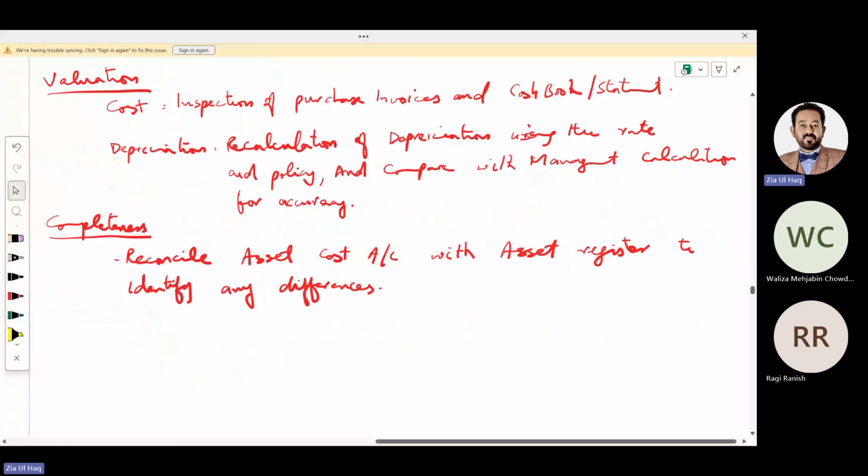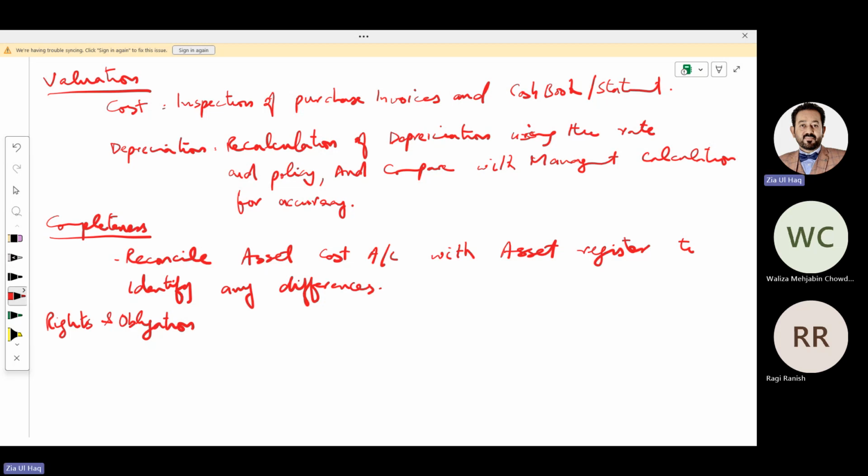How can we verify rights and obligations, meaning ownership? Rights and obligations. Obligation means it might be leased. The invoice will tell whether you have paid the full amount or some amount is still left.